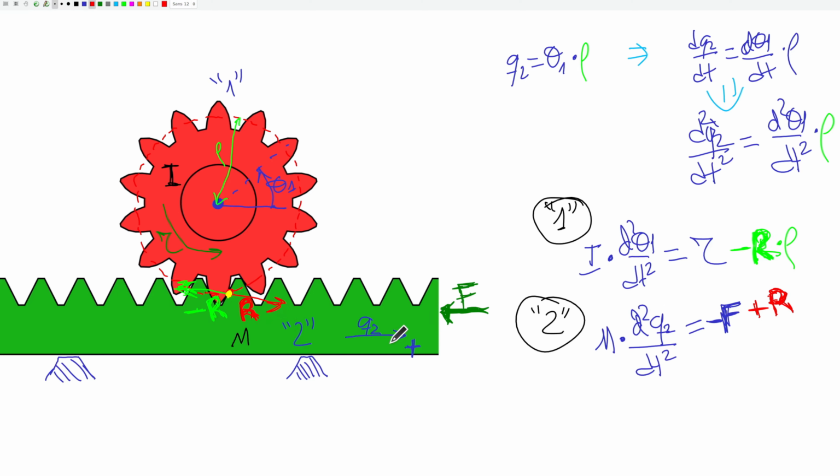Note that when we are modeling dynamic systems, these signals change in time. So if R gives a negative value, it means that because of the laws of physics, the gear is pushing the green body leftwards. So R can be positive or negative. This is just a convention on how we write the arrows in here.